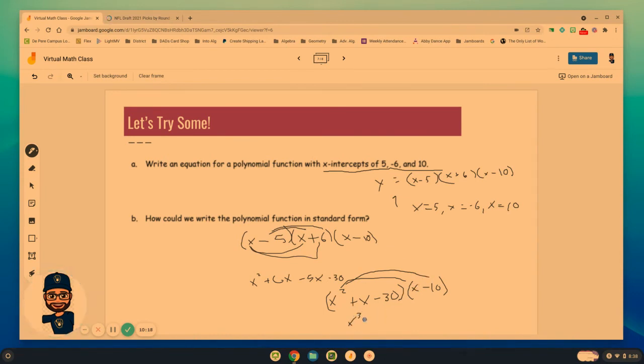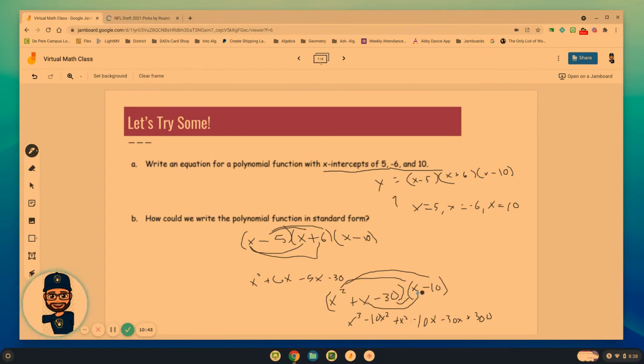X squared times negative 10 is negative 10x squared. This x times that x is a positive x squared. The x times negative 10 is negative 10x. The negative 30 times x is negative 30x. And the negative 30 times negative 10 is plus 300. We have to combine like terms.